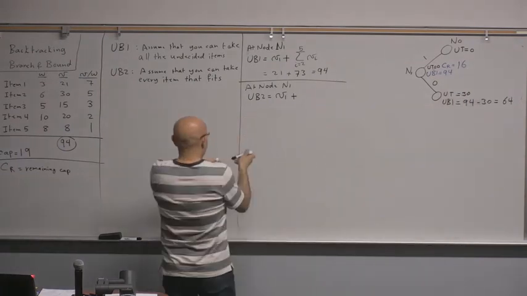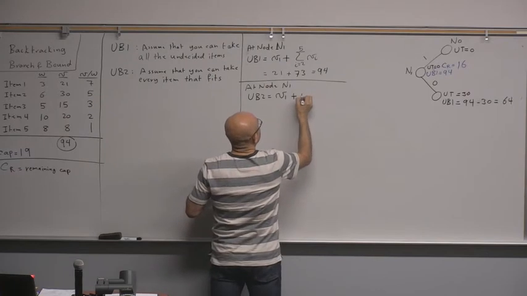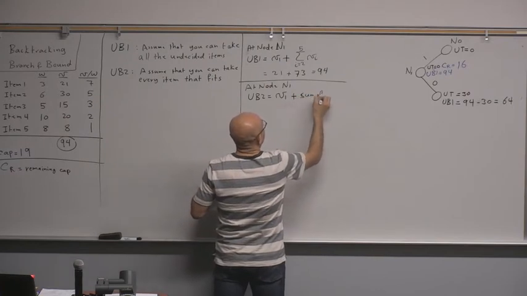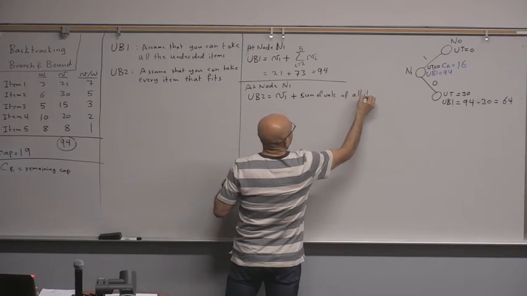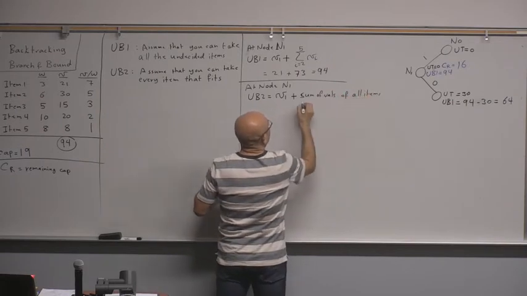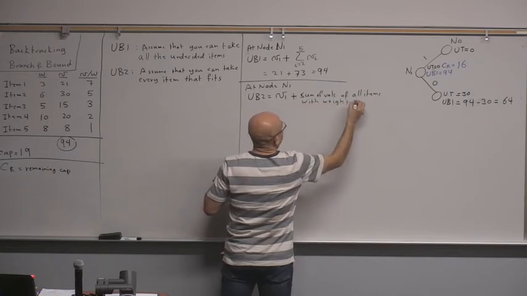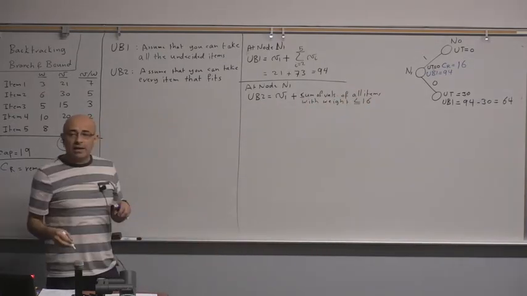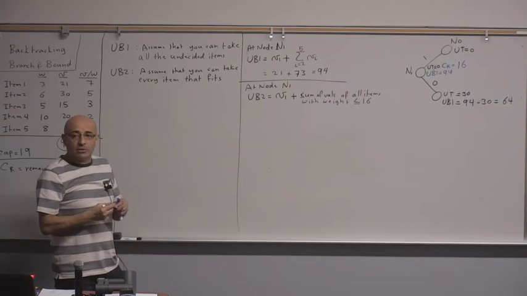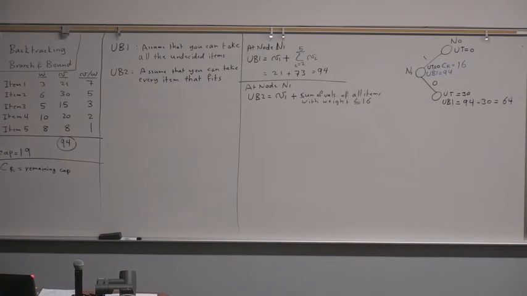So this is going to be the sum of values of all items with weight less than or equal to 16. The sum of values of all items whose weight is less than or equal to 16. And in this case, this is going to take just all items, right?